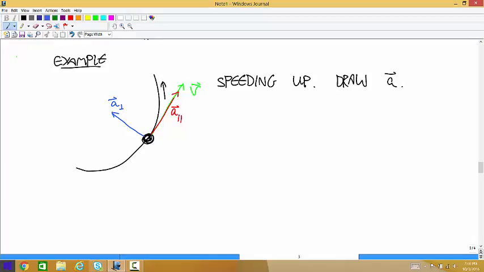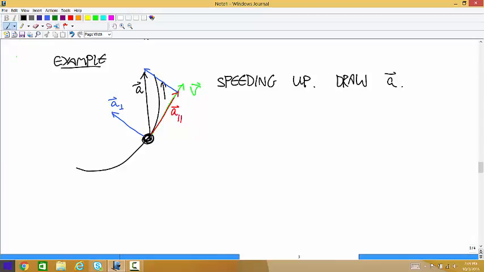And now the last thing we have to do is use the rules of vector addition to come up with the total acceleration. So remember, to add vectors, you put the tail of one at the head of the other one, and the resultant vector goes from the free tail to the free head. So I'll move this perpendicular one over to here. And then the total acceleration vector goes from the free tail to the free head.